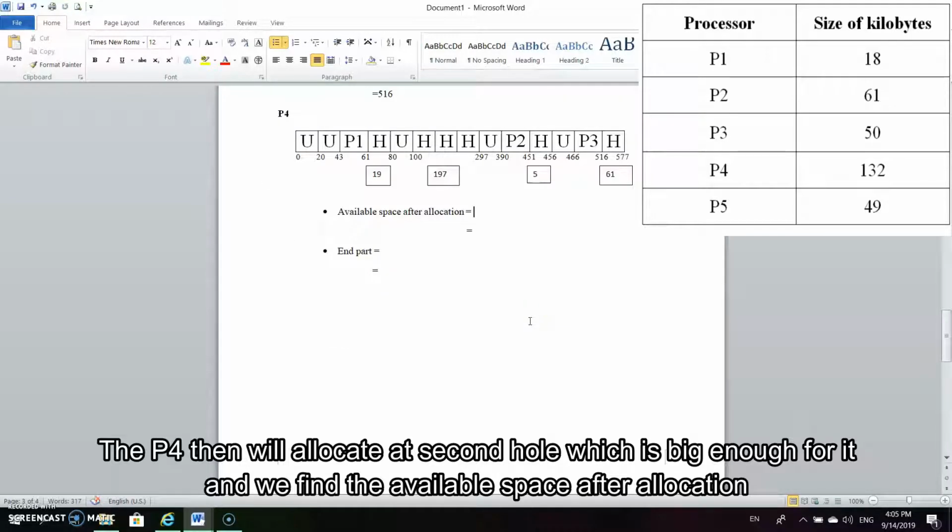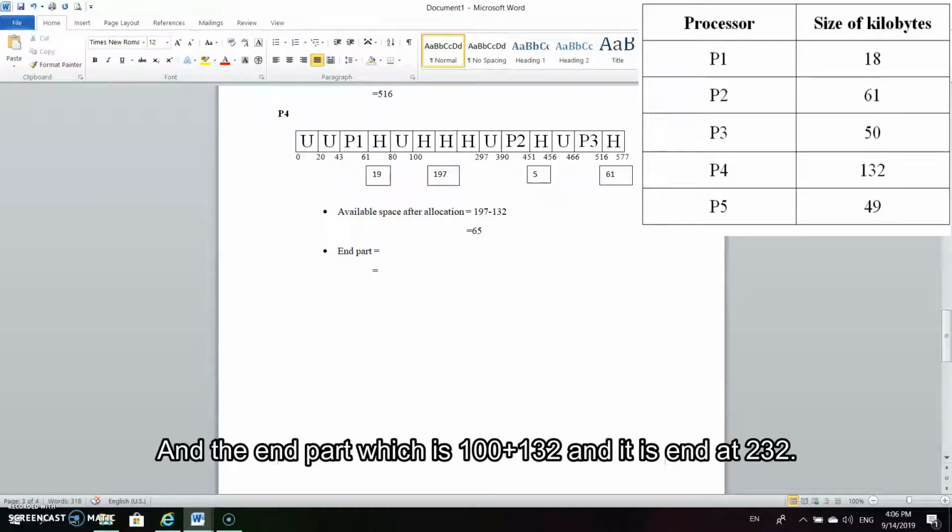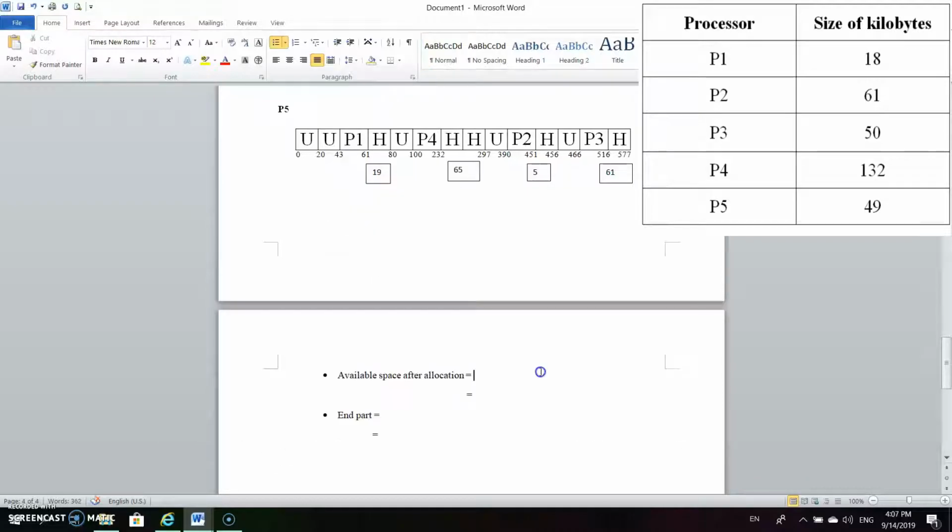P4 we allocate at the second hole, which is big enough for it, and we will find the available space after allocation, which is 197 minus 132, and it is equal to 65. And the end path, which is 100 plus 132, ends at 232.